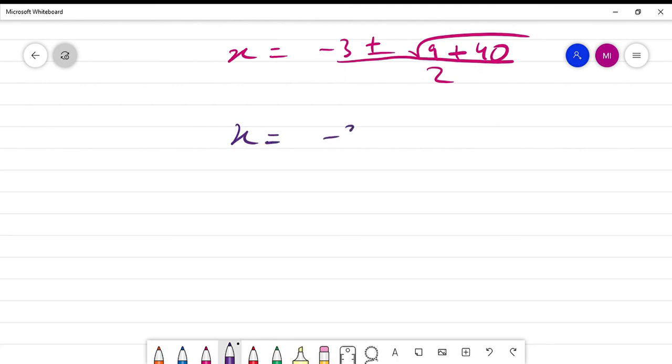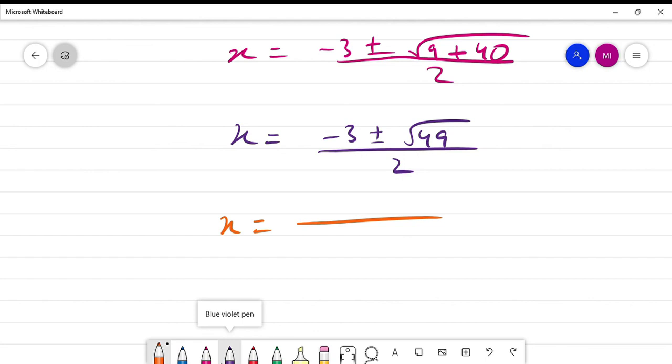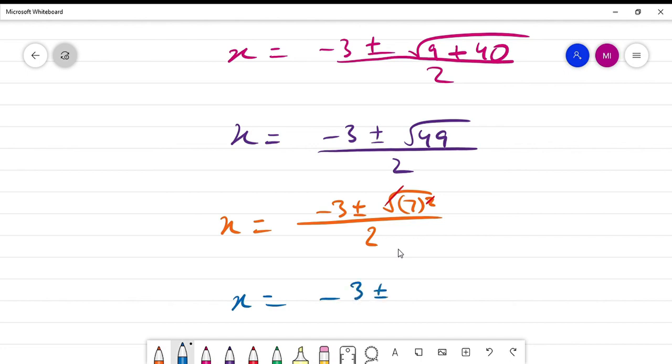So x is equal to negative 3 plus minus under root of 9 plus 40 is 49, divided by 2. And x is equal to negative 3 plus minus under root of 7 squared. The square and the square root cut out. Divided by 2. So x is equal to negative 3 plus minus 7 divided by 2.